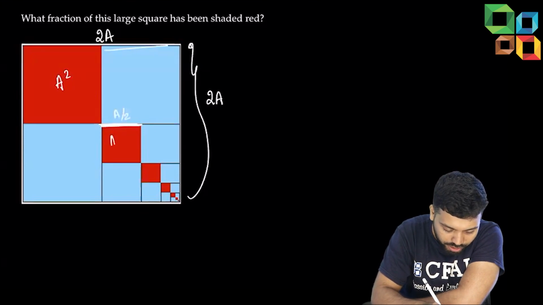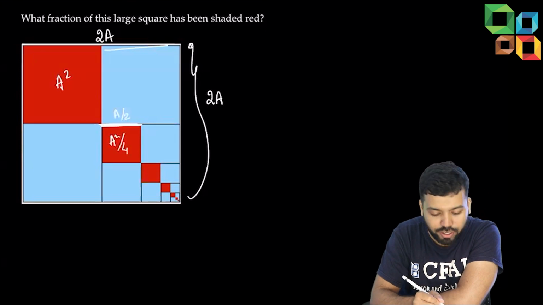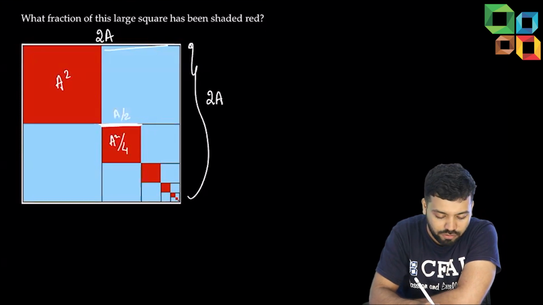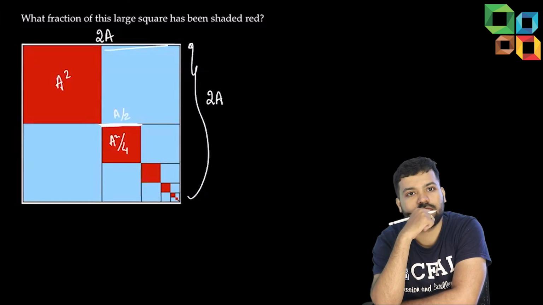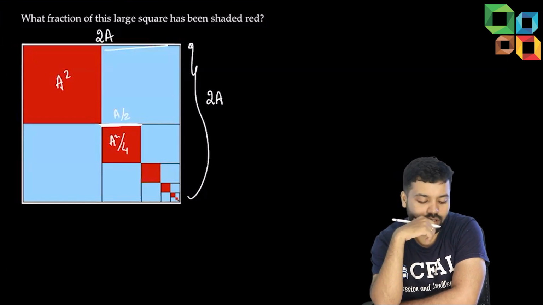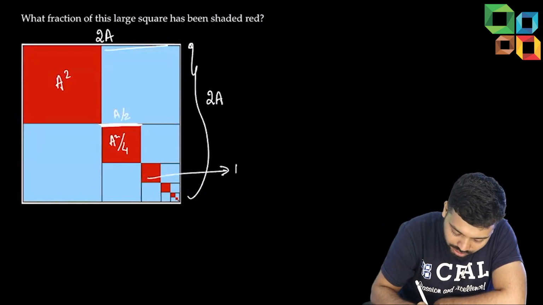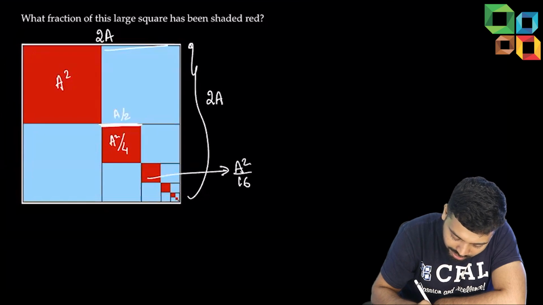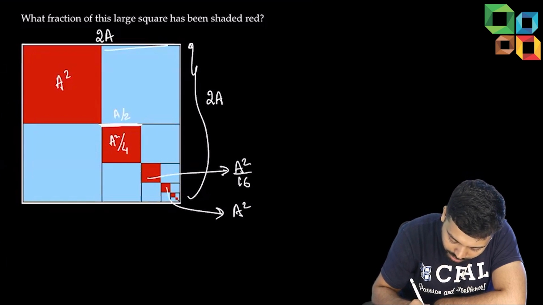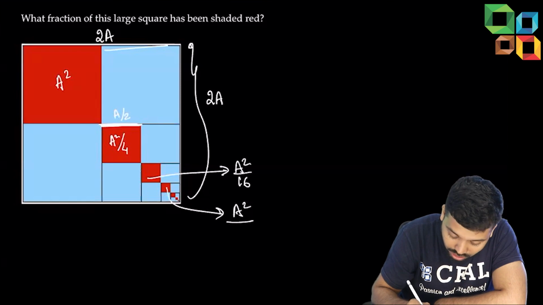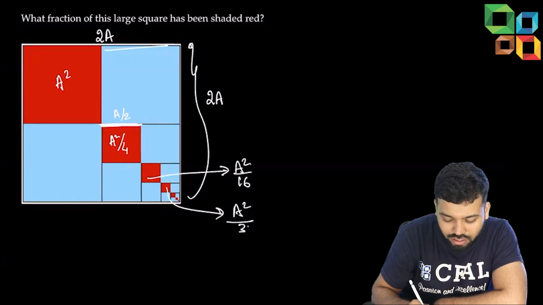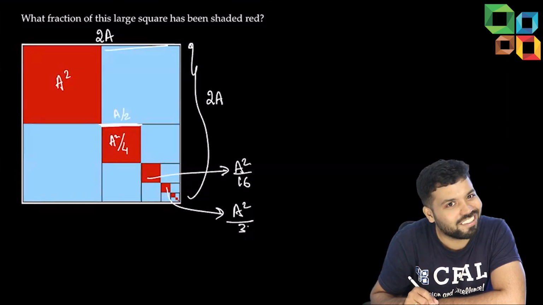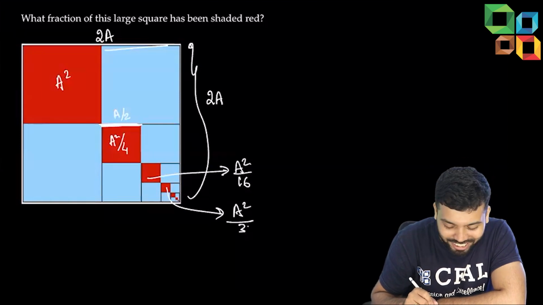So the area here will be a square by 4. Then we will have a square by 16. So this area will be a square by 16. This will be a square by 64. Is it 32 or 64?